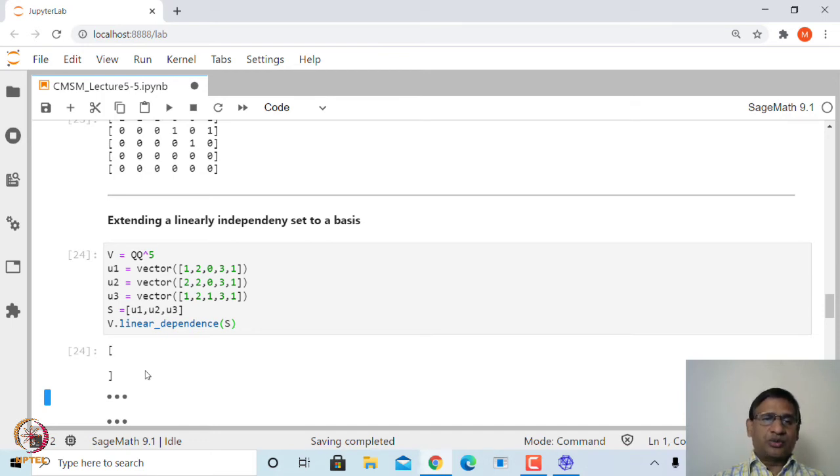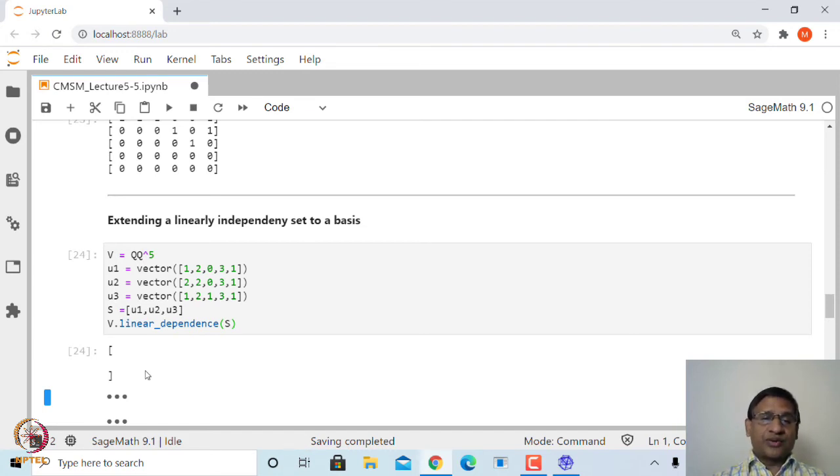Generally in the theorem, what you would have seen is that you take the linear span of this U1, U2, U3 and take a vector U4 which is outside this linear span. Now selecting something which is outside this in some arbitrary space is not a very convenient way of selecting, right.